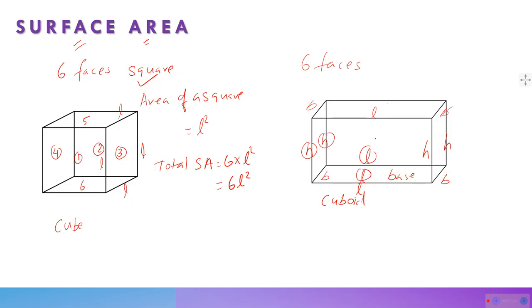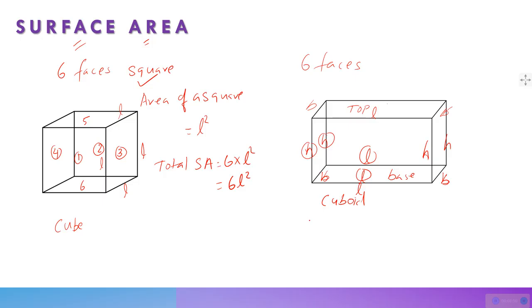If I take the right side, there is a breadth and a height for this particular side. Here also breadth and a height. If I think of top and bottom, considering this as top, there is a length into breadth here, length into breadth here. That way there are 3 sets of faces here. So we know that 3 sets or 3 pairs, thereby it becomes 6 faces.